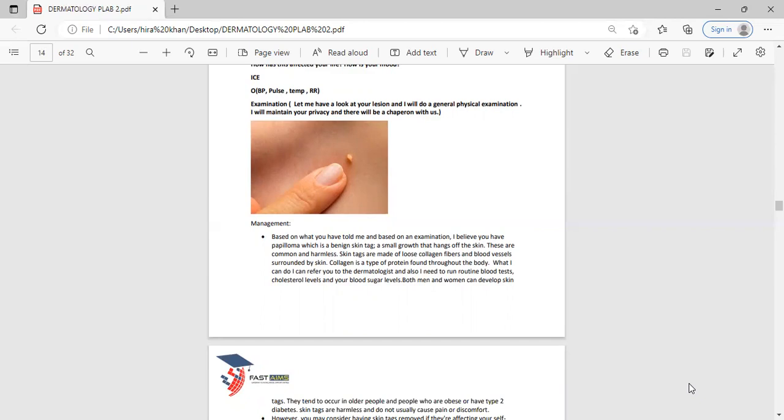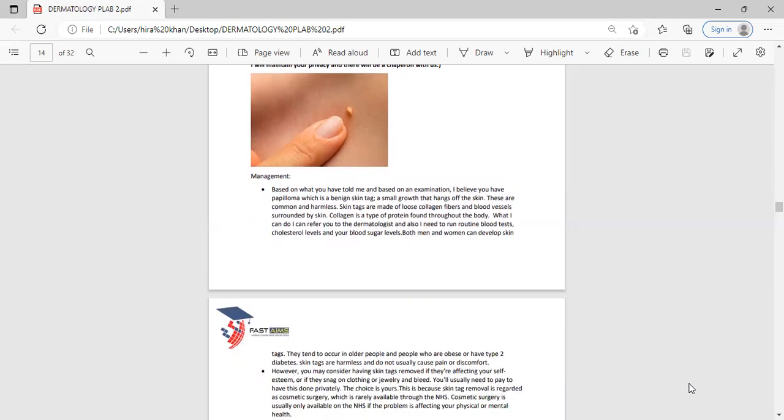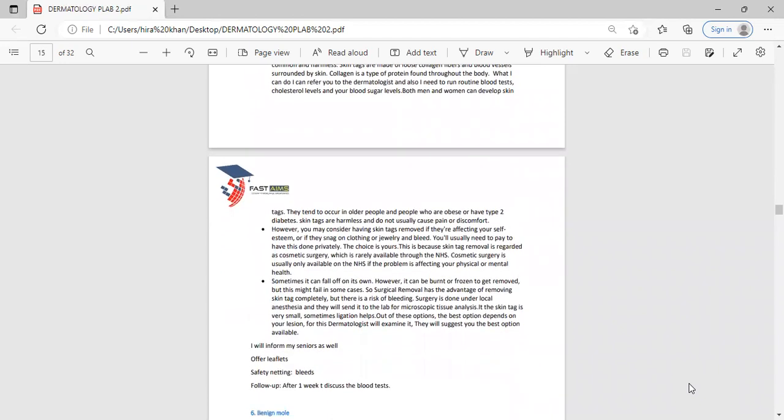I need to run some blood tests on you, like cholesterol levels and blood sugar levels as well, because men or women can develop skin tags, and they tend to occur in older people and people who are obese or have diabetes. Skin tags are harmless and they usually don't cause any pain or discomfort. However, you may consider having them removed if they are affecting your self-esteem, or if they are causing you trouble.